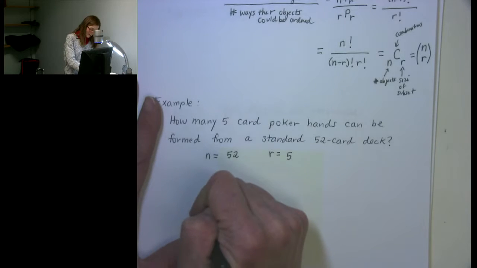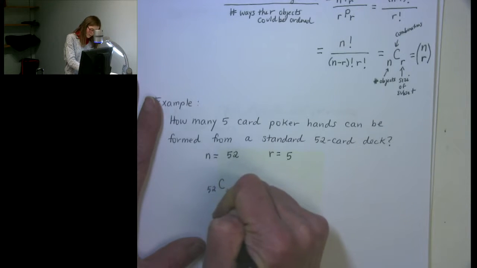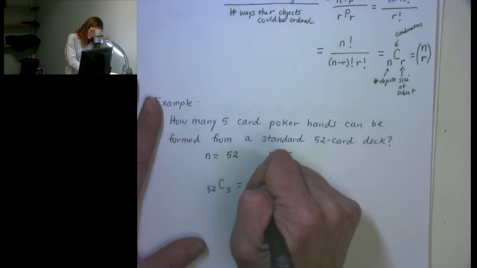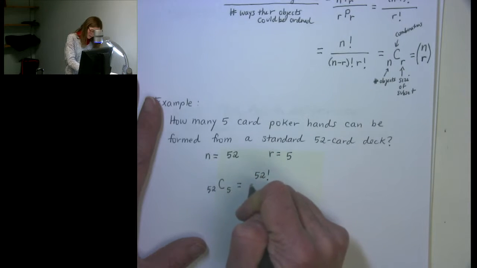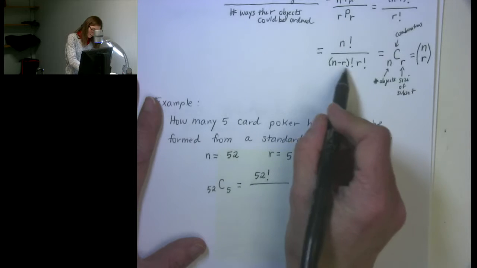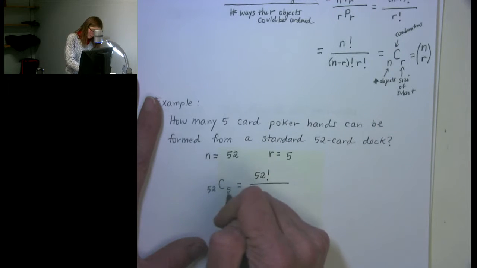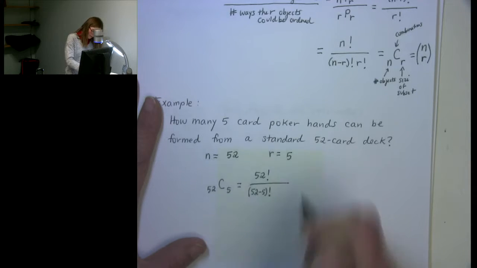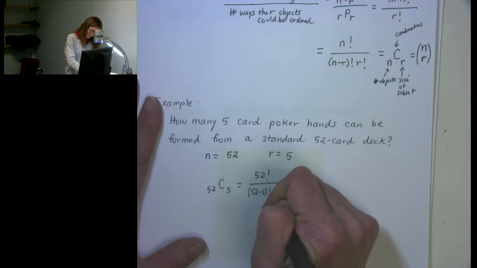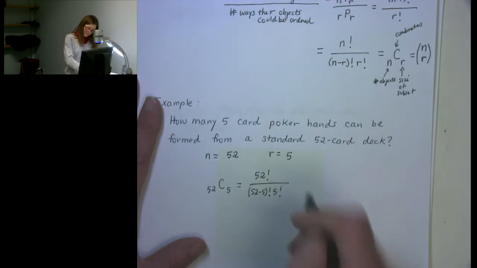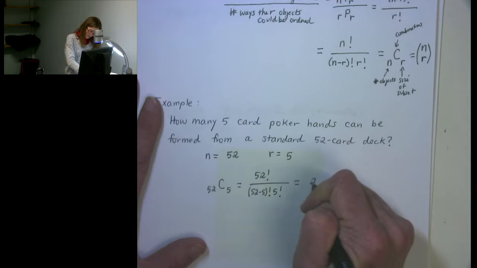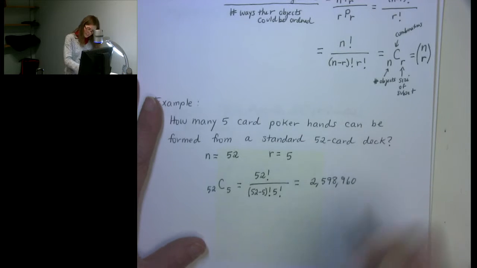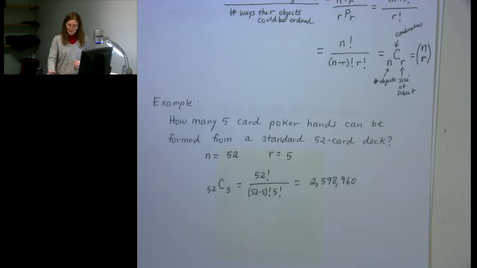So to answer the question, I can calculate 52 choose 5, which is going to give me 52 factorial divided by n minus r factorial, 52 minus 5 factorial, times r factorial in the denominator, 5 factorial, and this will give me 2,598,960 different 5-card poker hands that are possible.